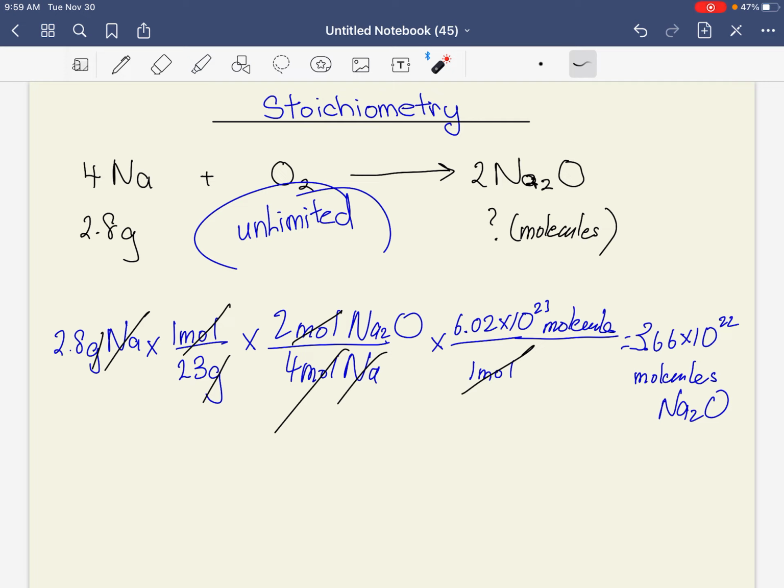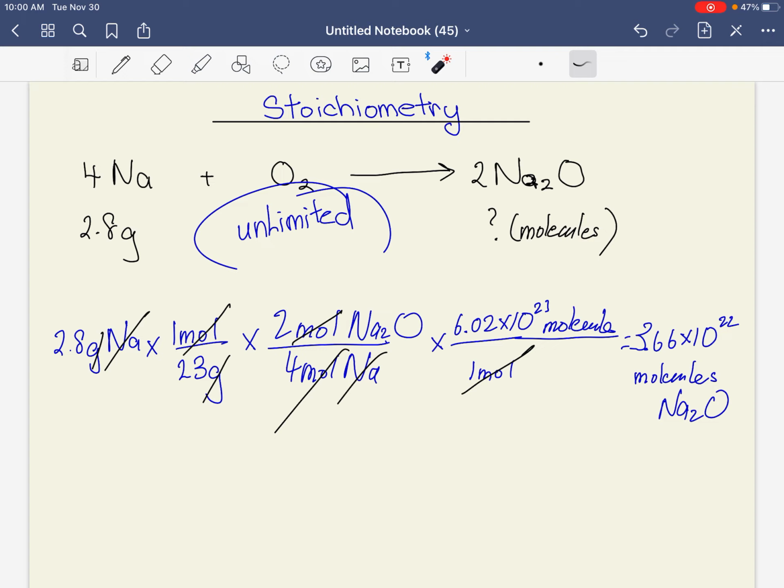Or I can give you the same thing, 2.8 grams of sodium, and ask you, hey, how many sodium atoms are you going to produce? And that's not hard, right? It's really just adding a little bit more math, and you'll be all good. So hopefully you sort of understand exactly how this works.